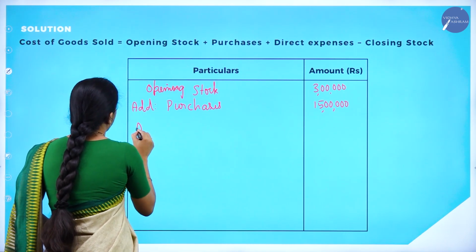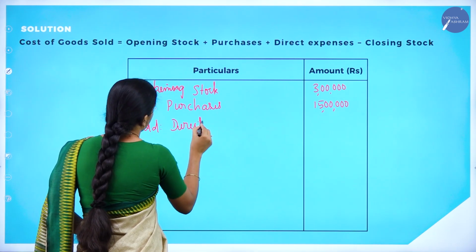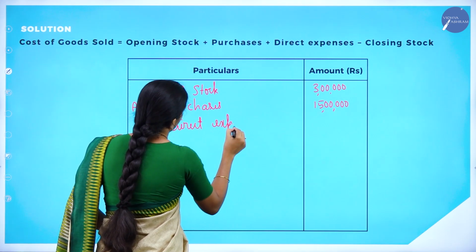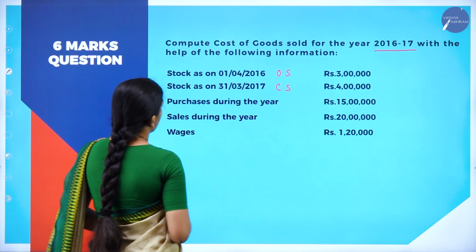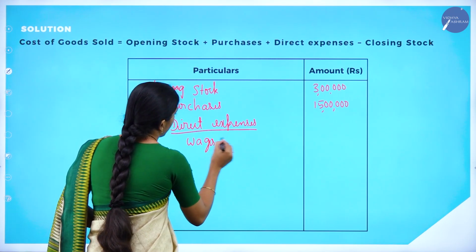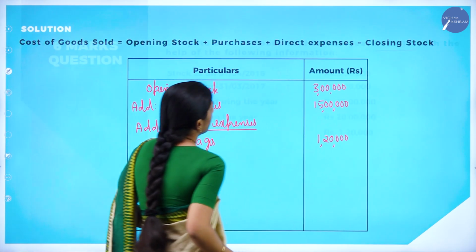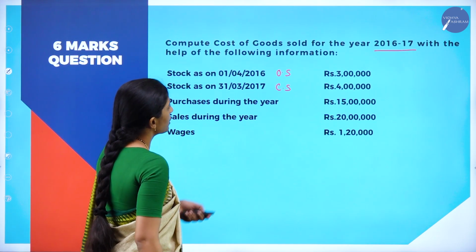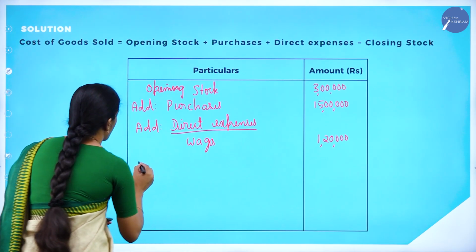Add direct expenses. Here we have only one direct expense, that is wages, 1,20,000. So opening stock 3 lakh, add purchases 15 lakh, add 1,20,000 wages.